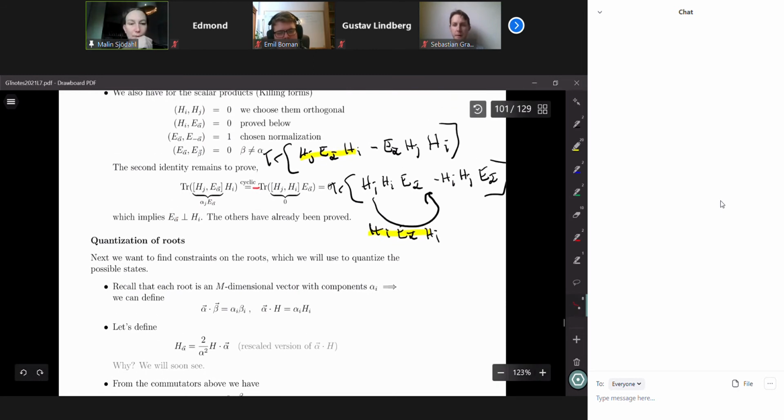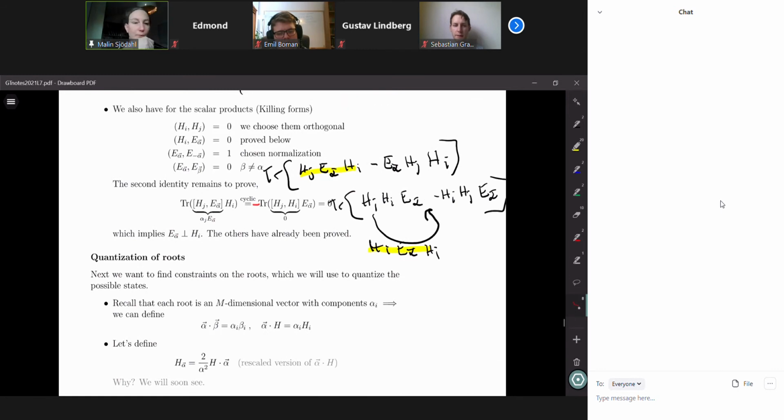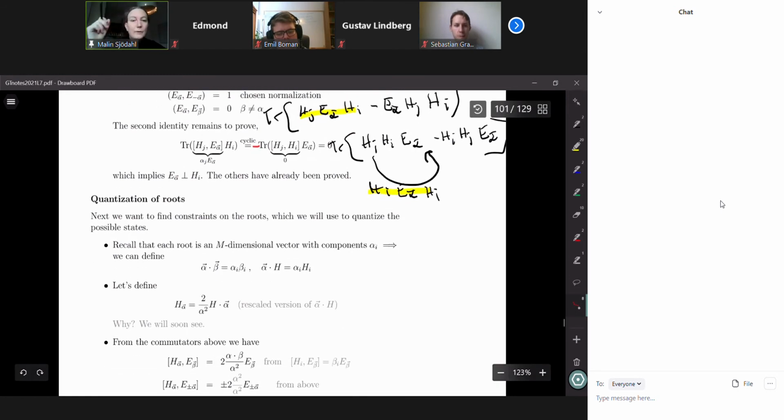Then we move on to the quantization of these roots. Because what we want to do now is find constraints on the roots, which will tell us how to quantize the possible states that we had for SU2 along a line, and for SU3 we had a two-dimensional point lattice of possible states.